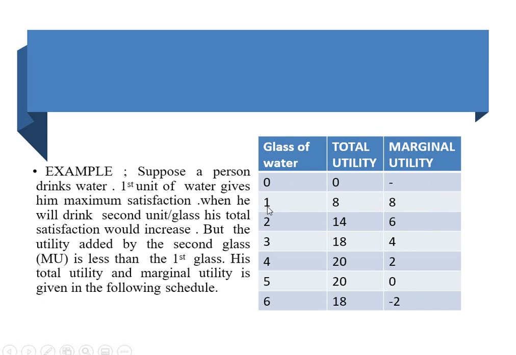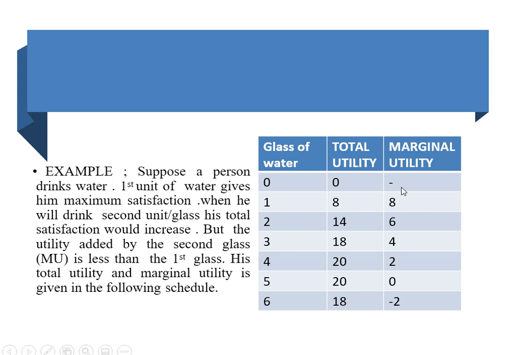When the person has taken the first glass, it will give him or her 8 units of utility, and when he takes the second glass of water, his utility will become 14, and when he takes the third glass, his total utility will become 18, and so on.